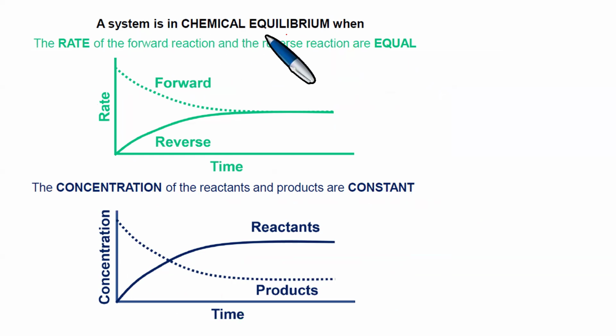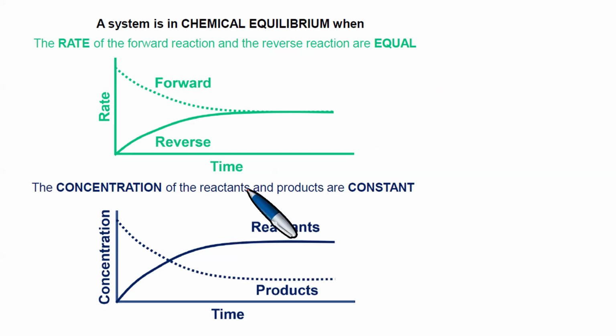What is a system precisely? A system is in chemical equilibrium when the rate of the forward reaction and reverse reaction are equal. When do we have what we call chemical equilibrium? When the rate of the forward reaction and reverse reaction are equal. So we're defining here what we call chemical equilibrium, and that occurs when the rate of the forward and reverse reactions are equal.